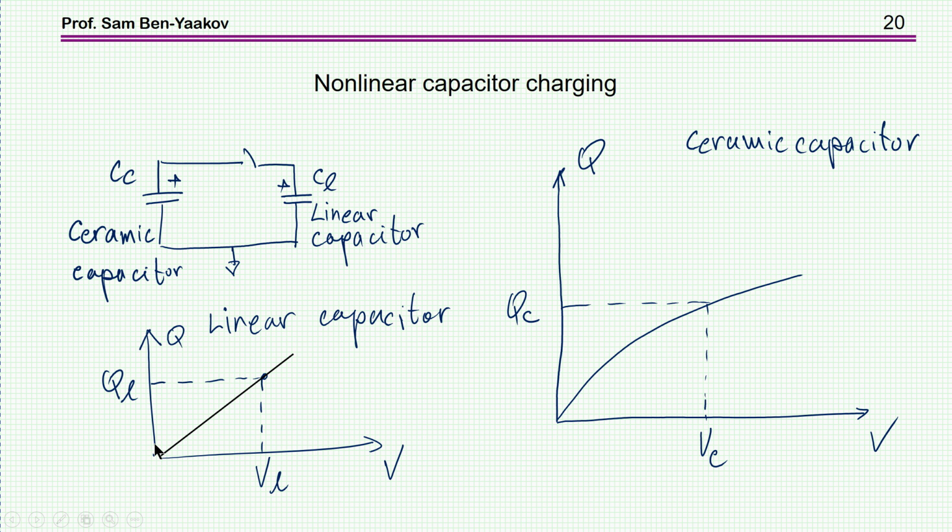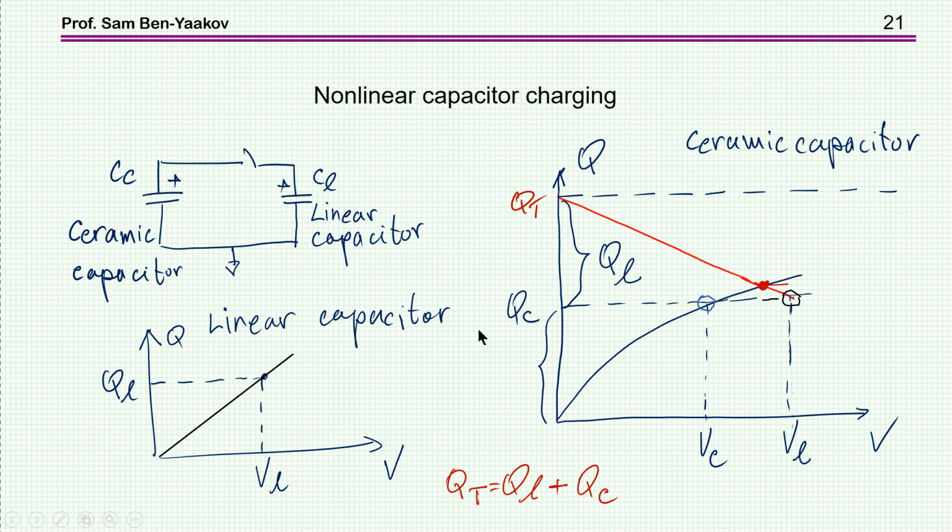That is, this charge plus this charge. Okay? Plot it from here. And here it is. I've taken this curve, plotted here upside down, and then this is the original charge on the linear capacitor, this is the charge on the nonlinear capacitor, and this is the sum of the two. This was the voltage of the nonlinear capacitor, this was the voltage of the linear capacitor.